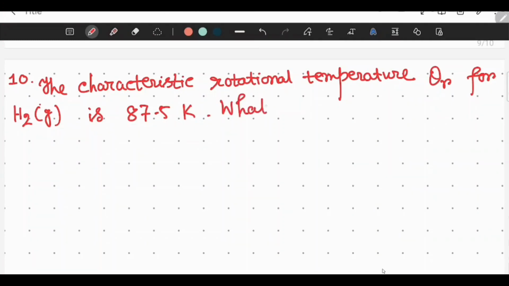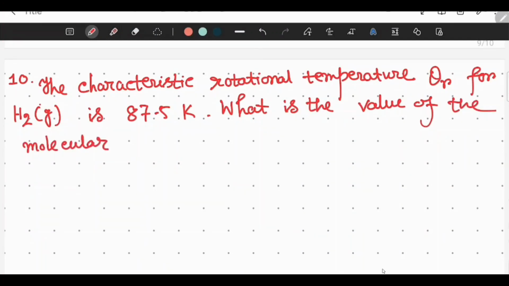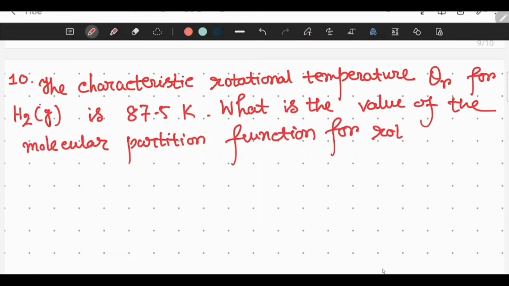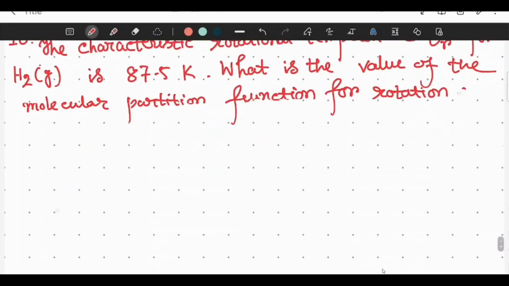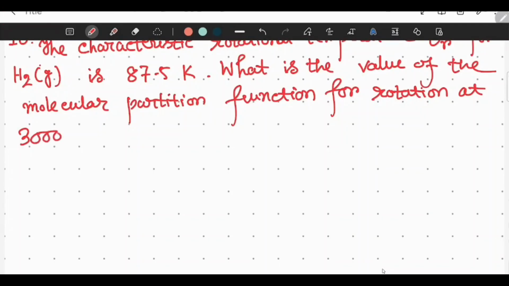Then what is the value of the molecular partition function for rotation at 3000 Kelvin?